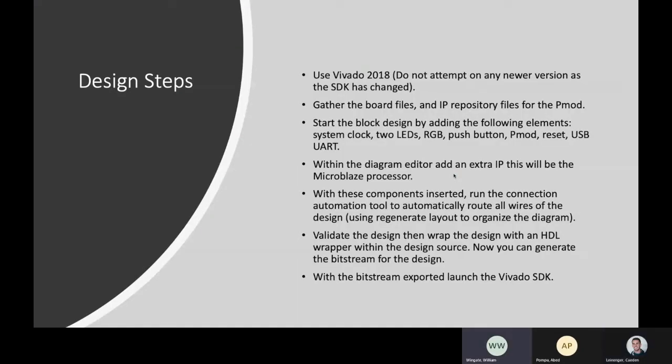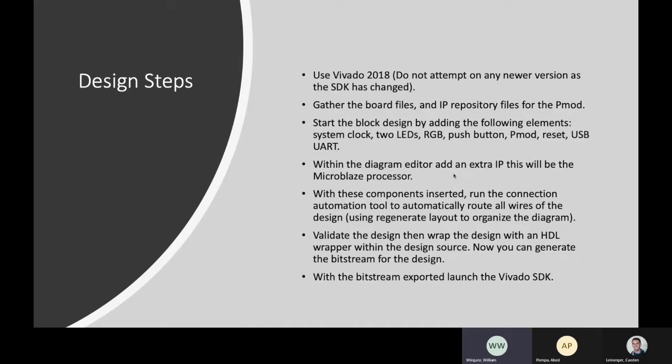Hello, I'm William, and I'm going to go over the important steps that are needed to design this project. First of all, we want to be sure to use the Vivado 2018 version. The newer versions have issues when trying to integrate these two boards.